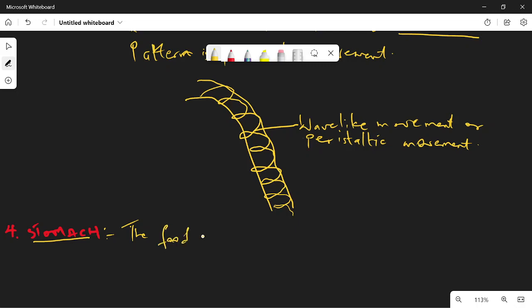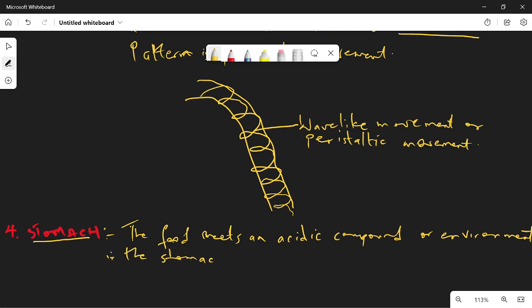The food meets an acidic compound or environment in the stomach.